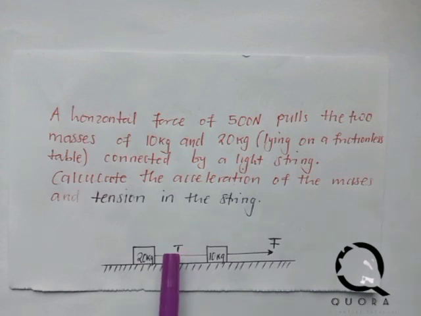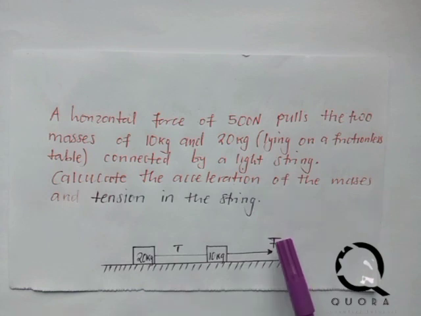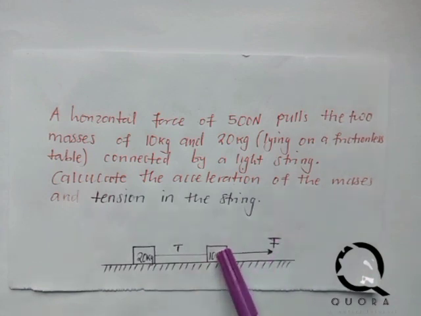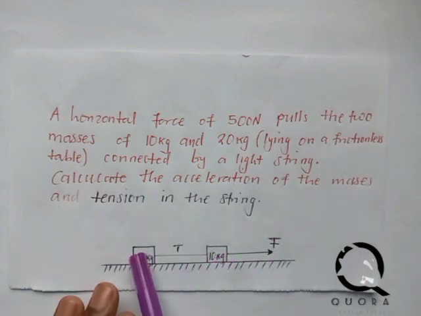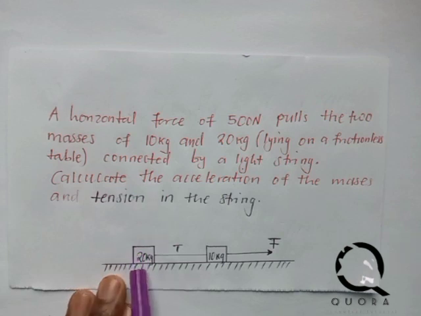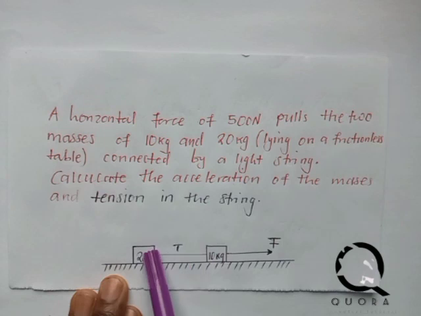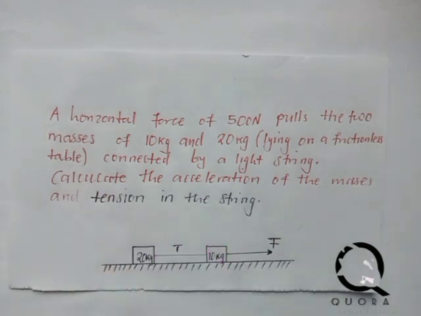Remember, tension here appears to be an internal force, meaning that once you apply a given force of 500 newtons, it is also going to be applied to the same 20 kg, due to the fact that in the middle we have an internal force which connects the two masses. So how do you calculate the same acceleration?